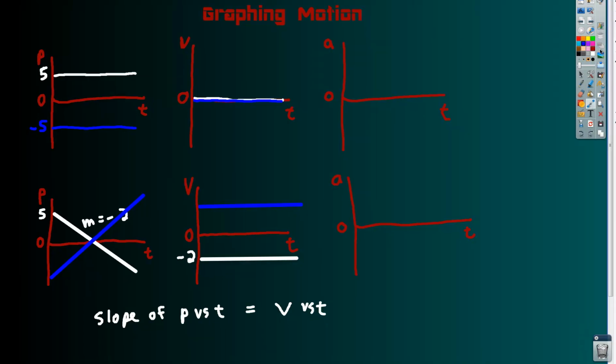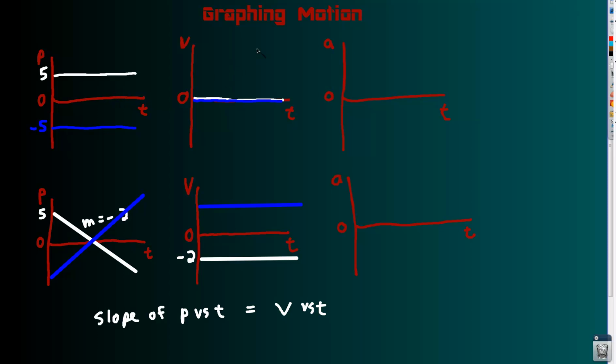All right, let's start with this one. We discussed in an earlier video that acceleration is how quickly velocity is changing, just as velocity is how quickly position is changing.